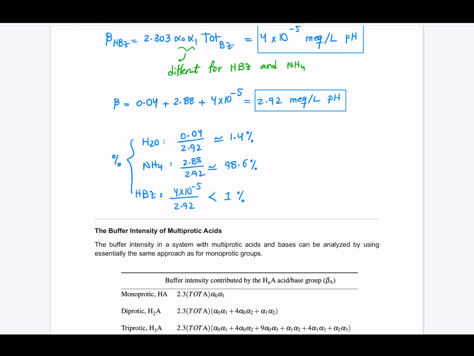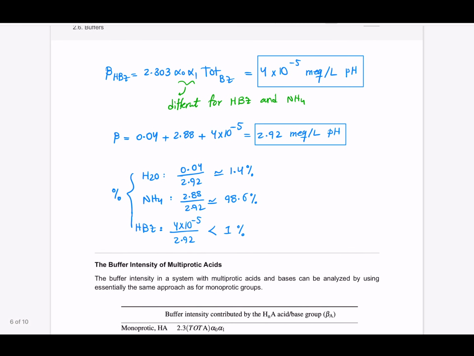What is that? So let's look back at this one. Let's assume this is a general statement. This is a total concentration of acid.